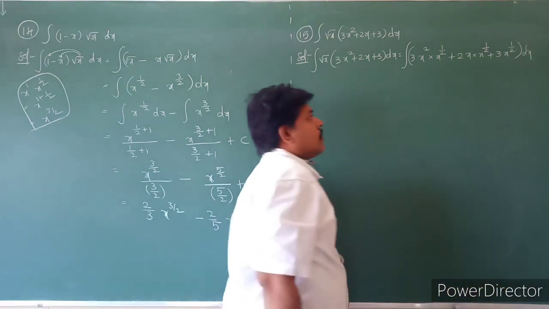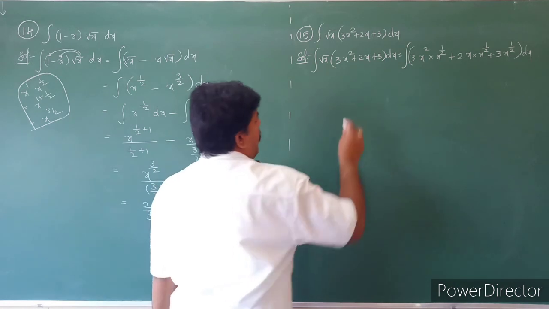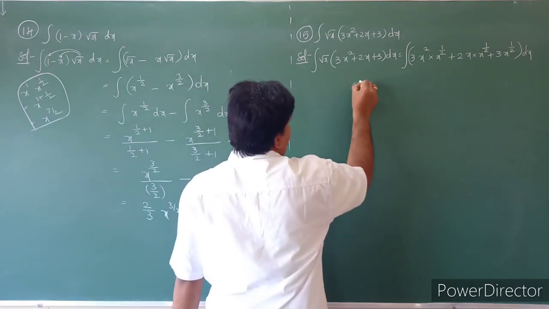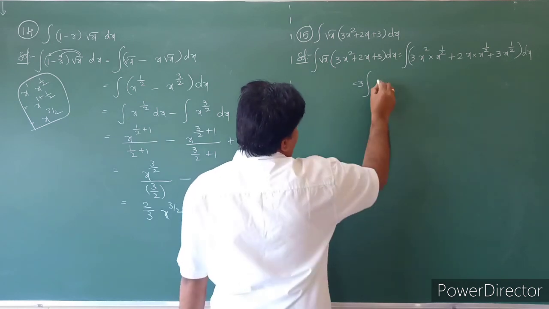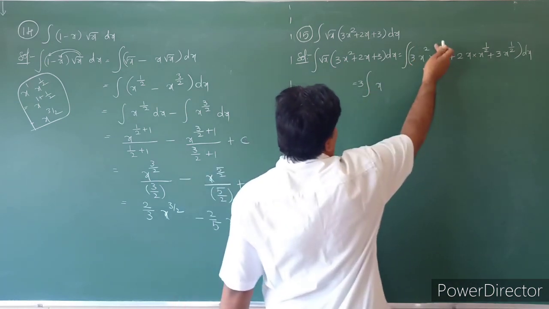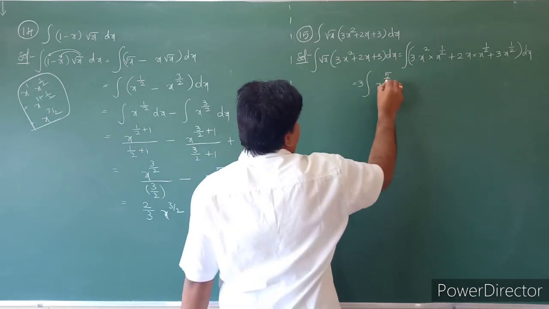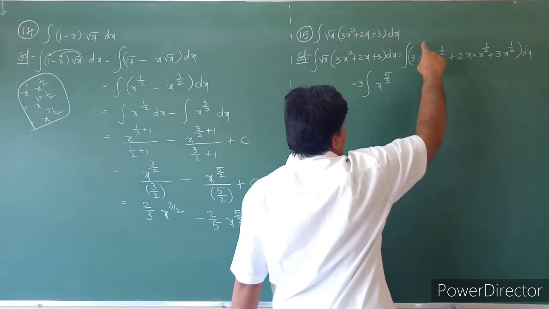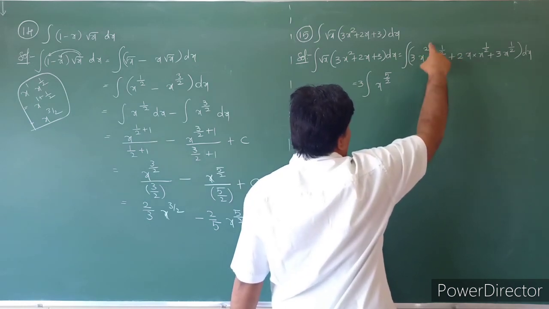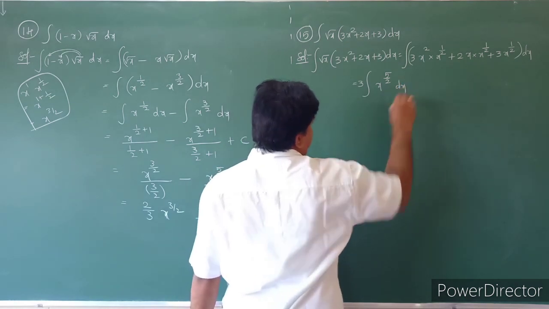What is root x? Root x is nothing but x power 1 by 2. I have taken it inside. What happens? That is equal to 3 into integral of x power 2 plus 1 by 2. Using x power m into x power n is x power m plus n, 2 plus 1 by 2 is 5 by 2, into dx.